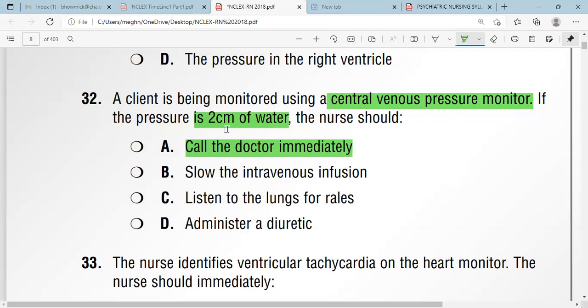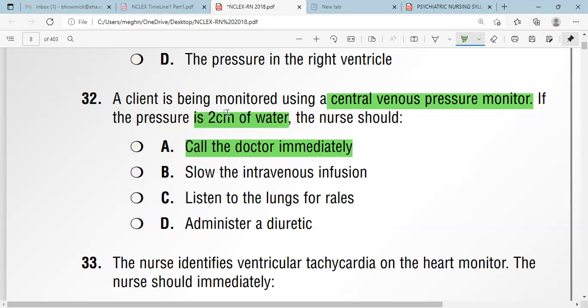And I'm also not allowed to give any diuretics without a doctor's prescription. So if I see any abnormalities, meaning the central venous pressure is not within the normal range, I should call the doctor immediately. The normal central venous pressure is usually 5 to 10 centimeters of water.